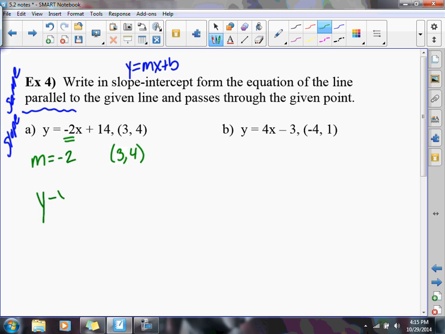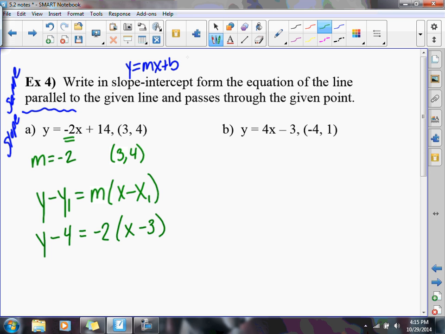So I'm going to start with point-slope form, because I have a point and a slope. The name is very easy to remember when you need to use it. Anytime you have a point and a slope, you use point-slope form.